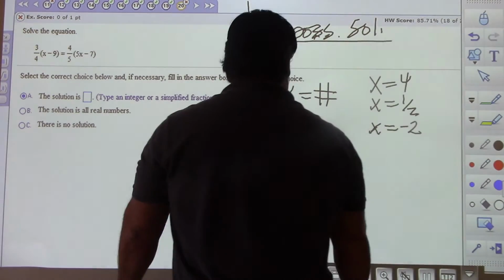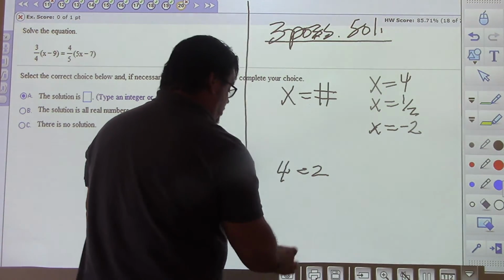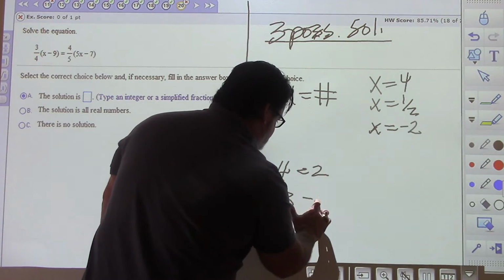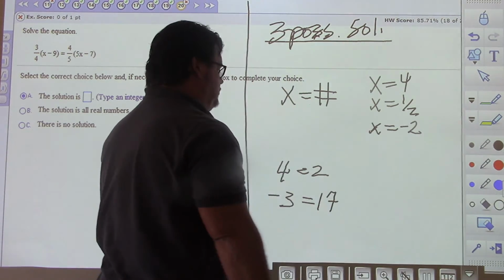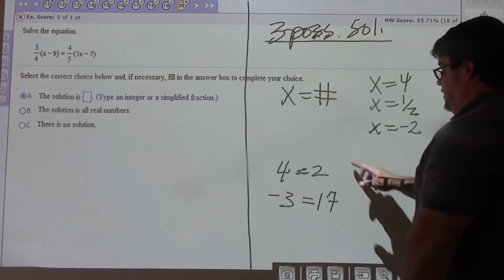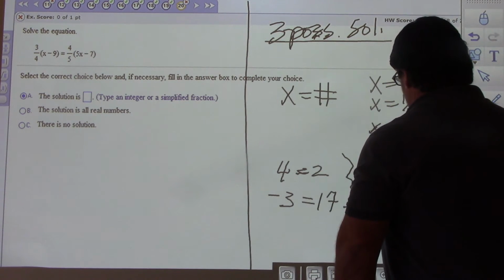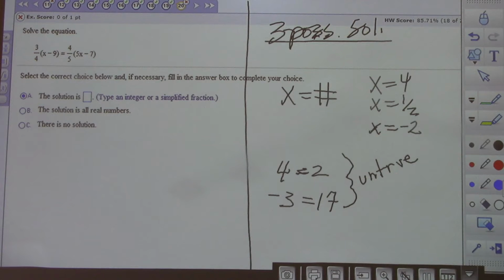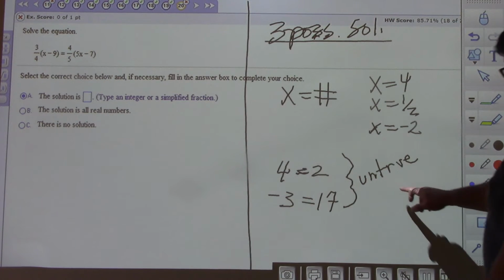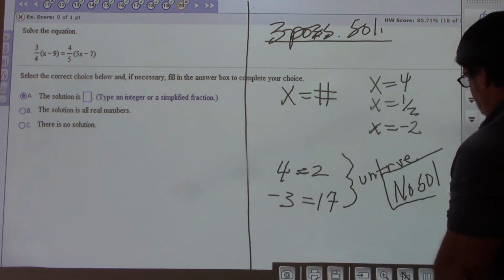Then you're going to get something like 4 is equal to 2, or -3 is equal to 17. These are not real solutions; they are untrue. When you have an untrue statement at the very end and you haven't done anything wrong, then the answer is no solution.